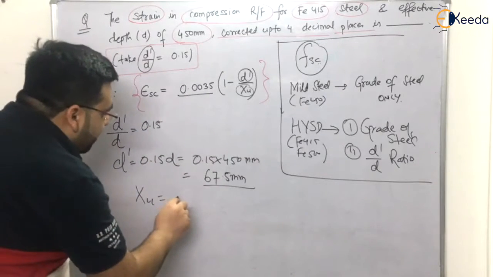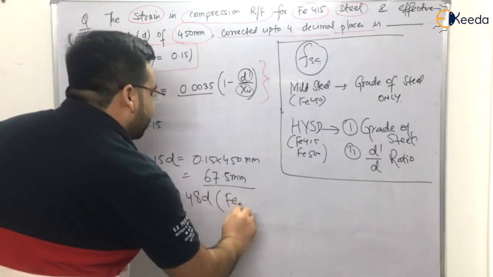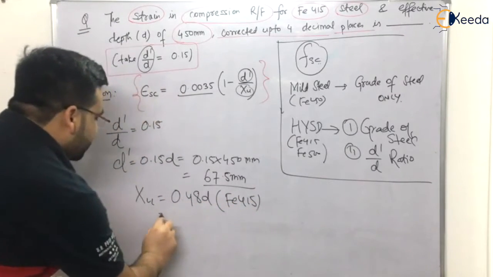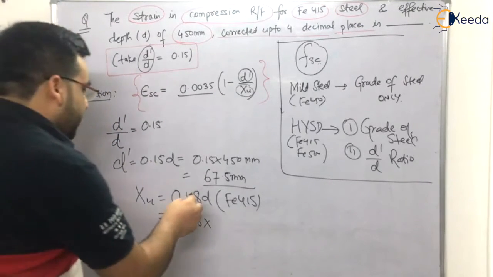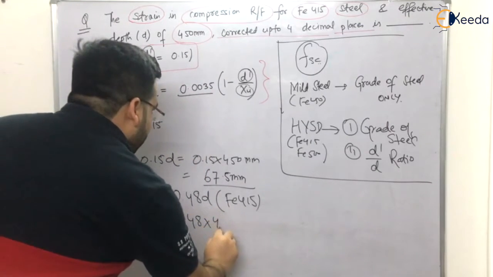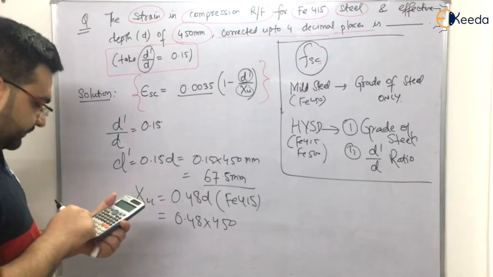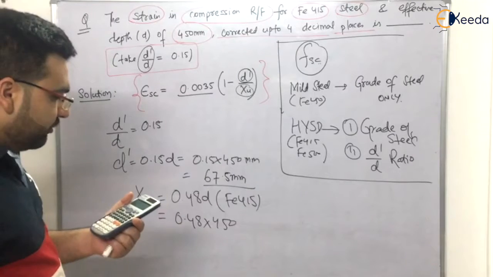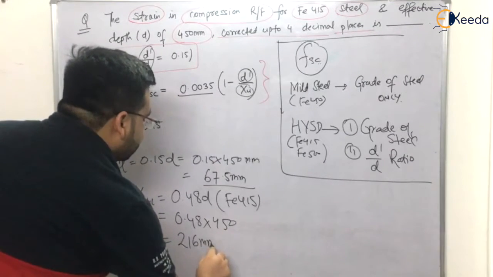So xu will be equal to 0.48d for Fe415. How much is d? The effective depth is 450. So 0.48 into 450 comes out to be 216 mm. So xu limiting comes out to be 216 mm.